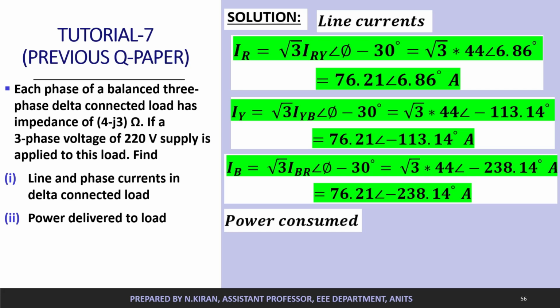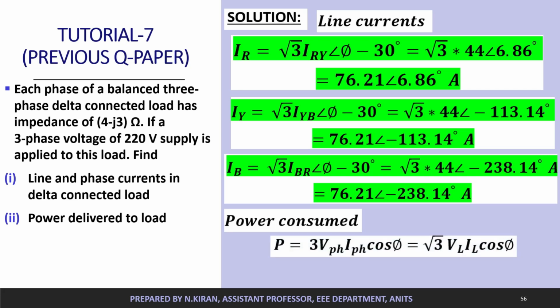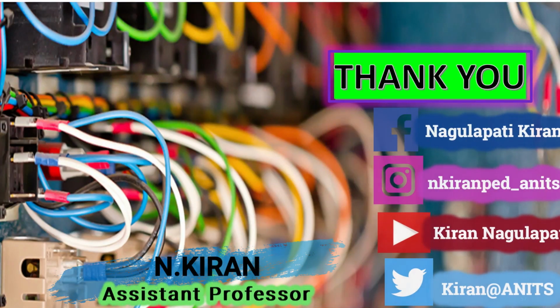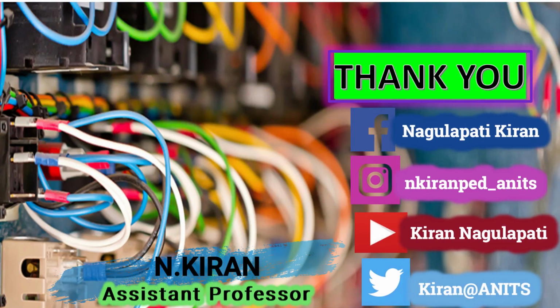The power delivered formula, if I substitute in either of the formulas, will give me 23.23 kilowatts. So this brings the end of my today's lecture on three-phase balanced circuits.